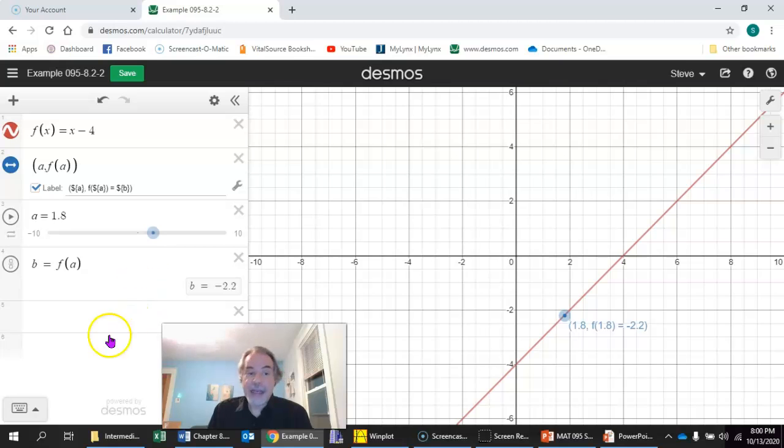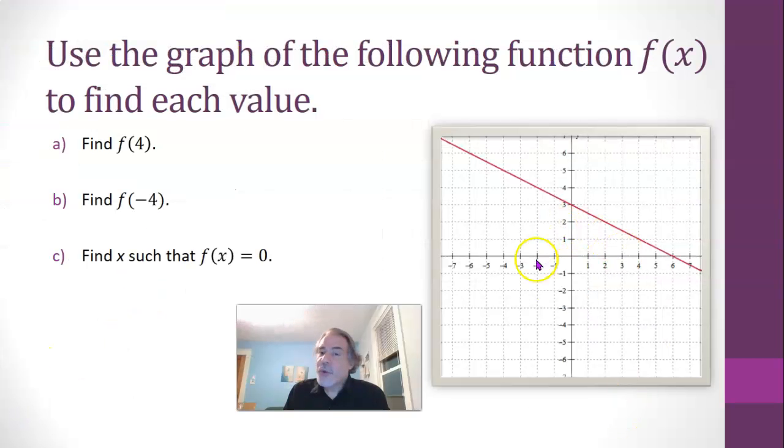So all along this line, every point on the line, you've got your x-coordinate, and then the y-coordinate is f of that x. So on this one, I'm giving you a graph, but I'm not giving you a formula. Just by looking at the graph, if this is the graph of a function f of x, you should be able to find f of 4. How do you find that?